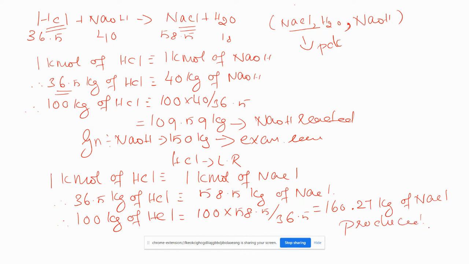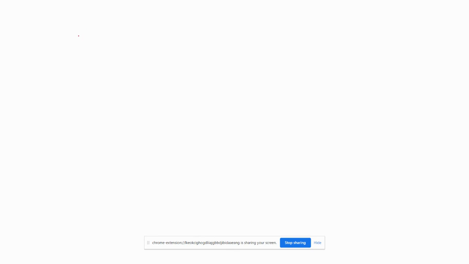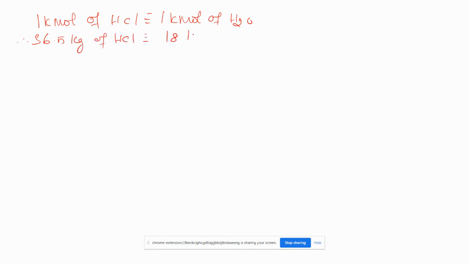So this is NaCl produced. Then in the same way, we have to write the relationship between HCl and H2O, and you will come to know how much H2O is produced. 1 kilomole of HCl is equivalent to 1 kilomole of H2O. So 36.5 kgs of HCl is equivalent to 18 kgs of water.